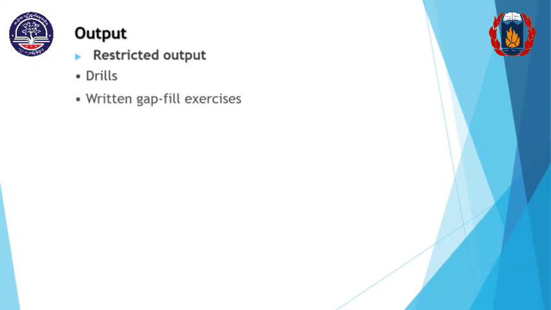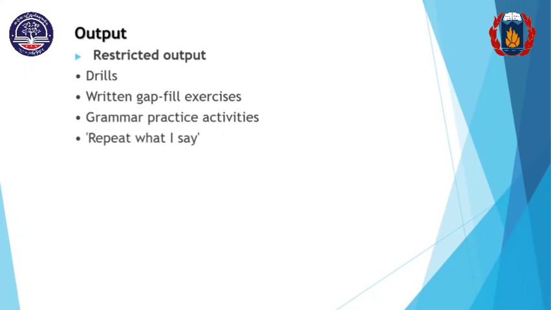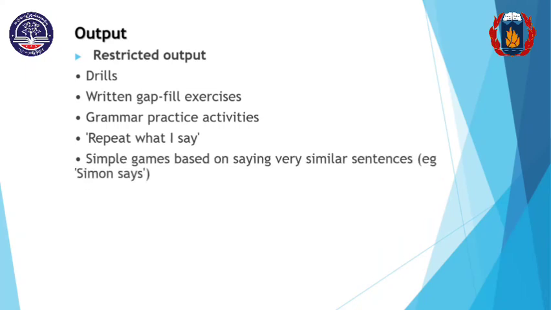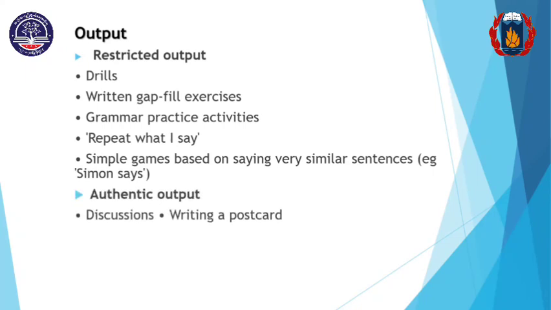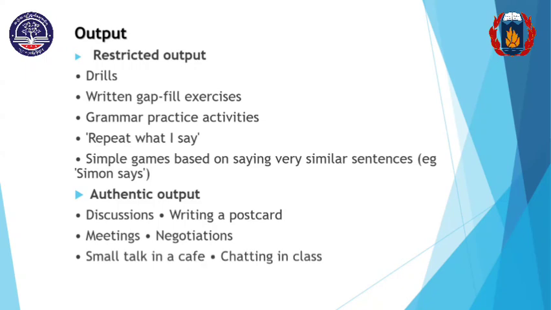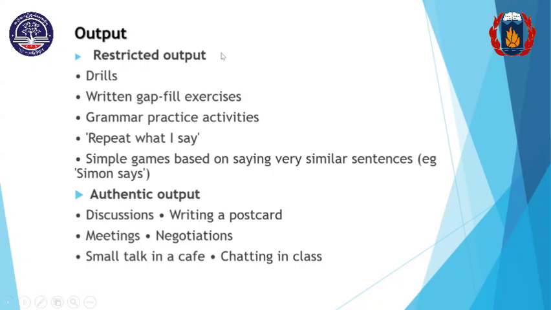So the students do drilling or grammar practice activities, and they need to repeat what the teacher says, or play simple games with very similar sentences, for example, Simon says. Authentic output is discussion, writing a postcard, meetings, negotiations, small talk in a cafe, chatting in class. So these are authentic output.